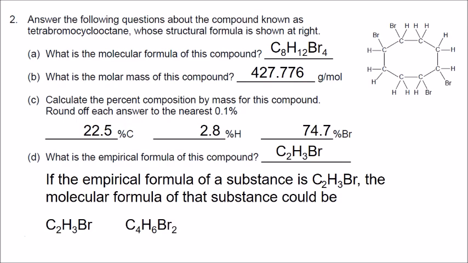We could multiply the empirical formula by 3, which gives us C6H9Br3. We could multiply the empirical formula by 4, C8H12Br4, etc.